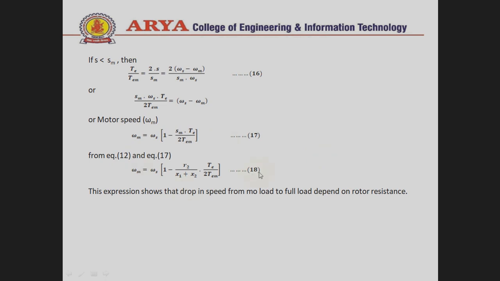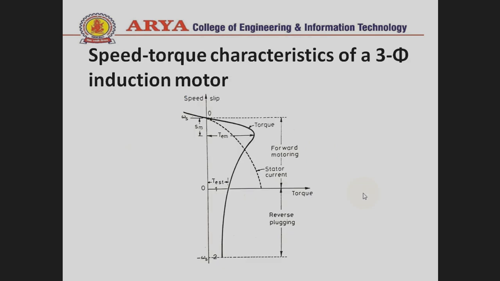This expression shows that the drop in speed from no load to full load depends on the rotor resistance. Now this diagram shows the speed torque characteristic of a three-phase induction motor, as in equation number 10, when the three-phase induction motor is energized from a fixed voltage at constant frequency. Motor torque is a function of slip.